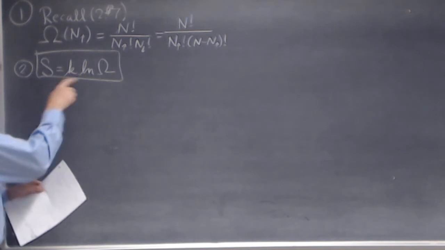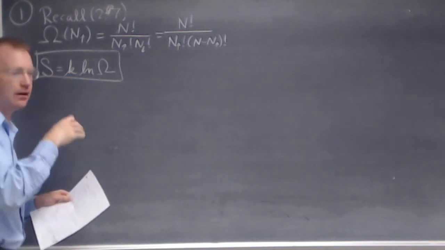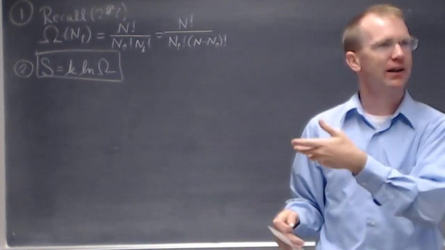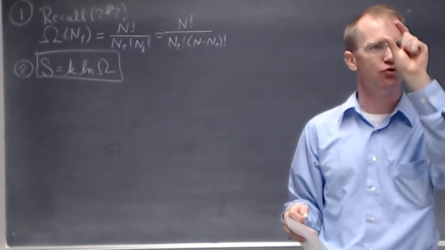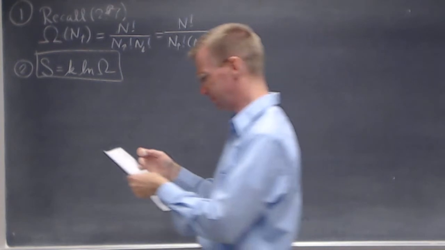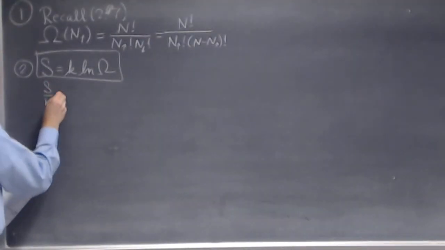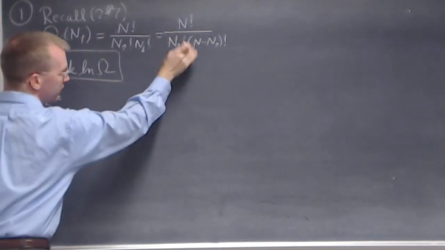Okay. Let me divide both sides by K, because that way I don't have to keep keeping track of that factor of K on the right-hand side, which will have a whole lot of terms added together. So, S over K equals the natural log of this.